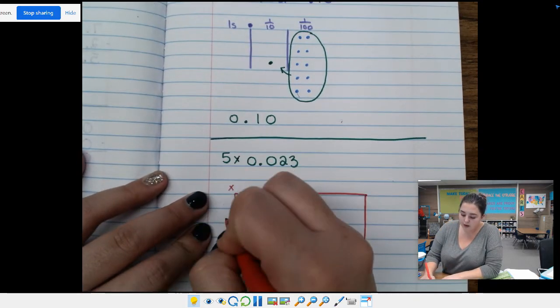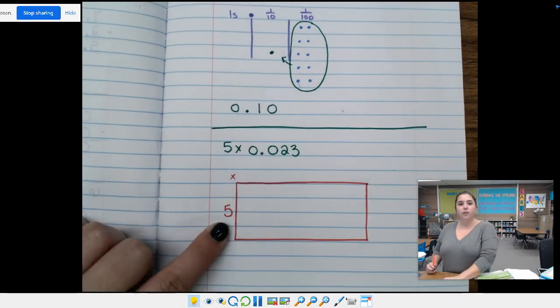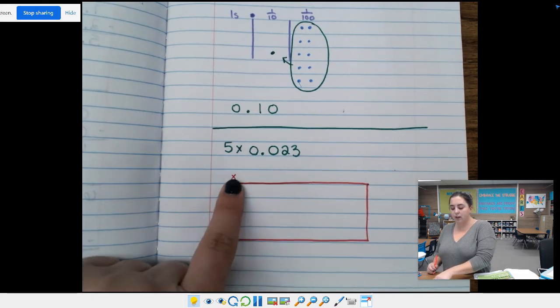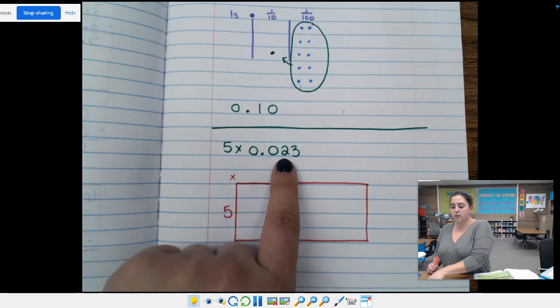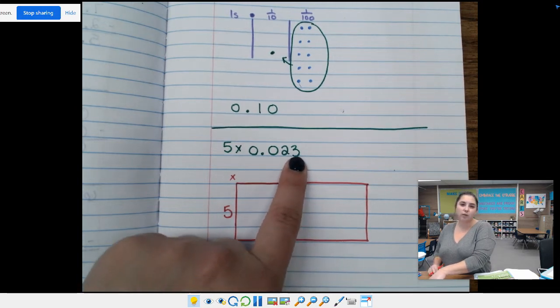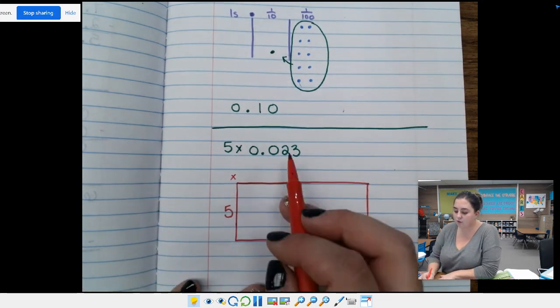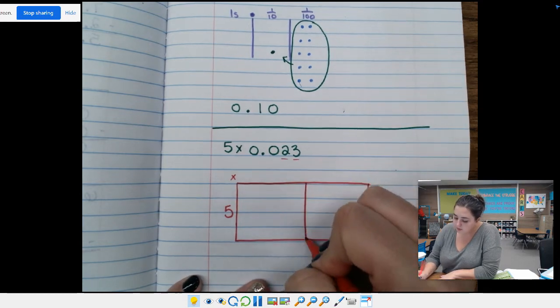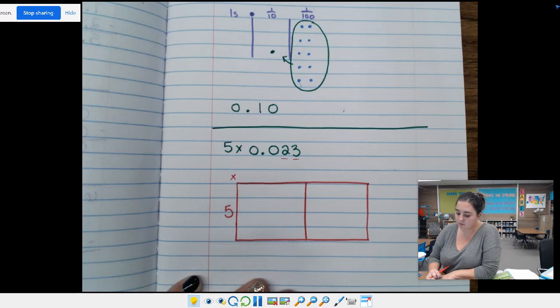So I'm going to put my 5 over on the left, and I'm multiplying 5 times these 2 digits. The zeros don't count because they don't add value. So if I have 2 digits here, I'm going to separate them into 2 spots.